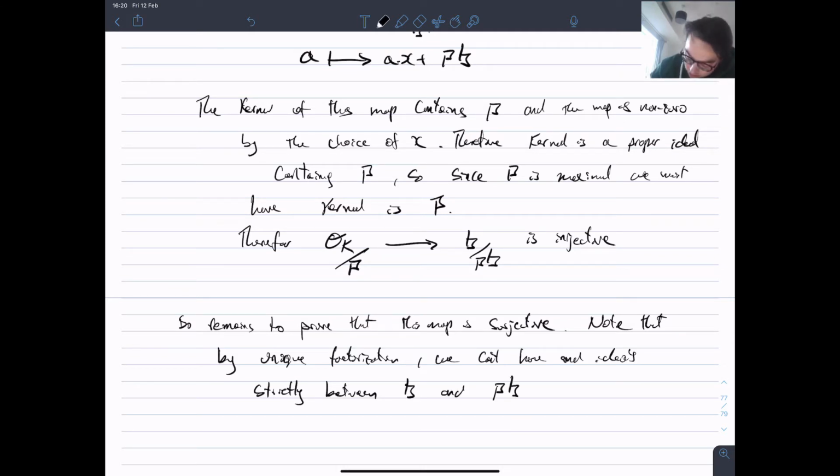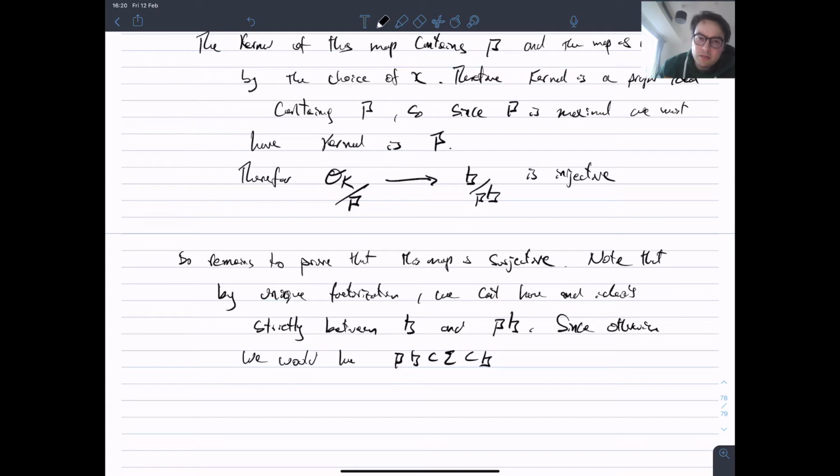Why is this the case? Since otherwise we'd have something like P times B contained in some ideal C contained in B.